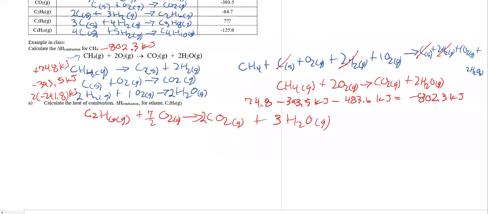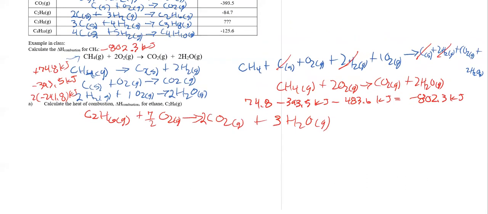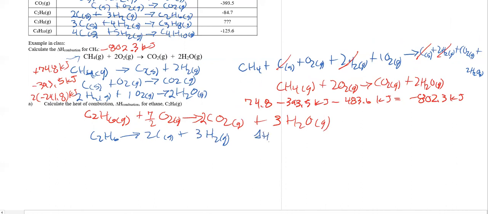Looking at our pieces, right? C2H6 becomes two carbons and 3 hydrogens. And that delta H is going to be 84.7 kilojoules because I flipped its direction.